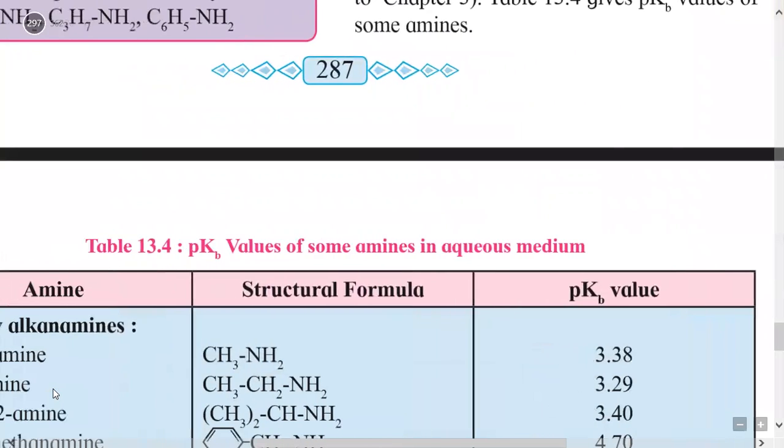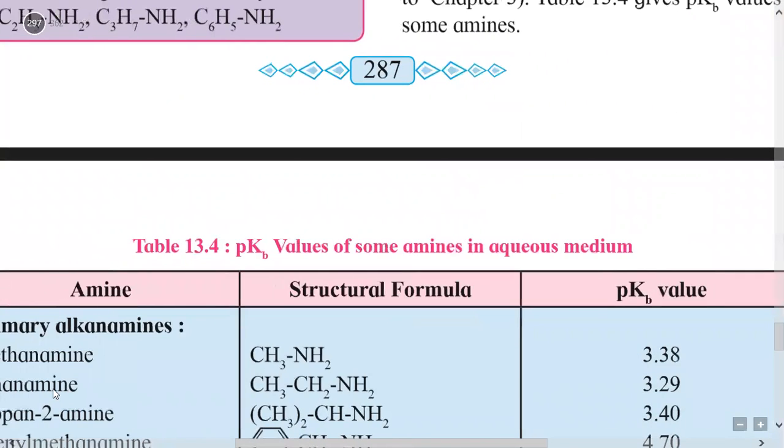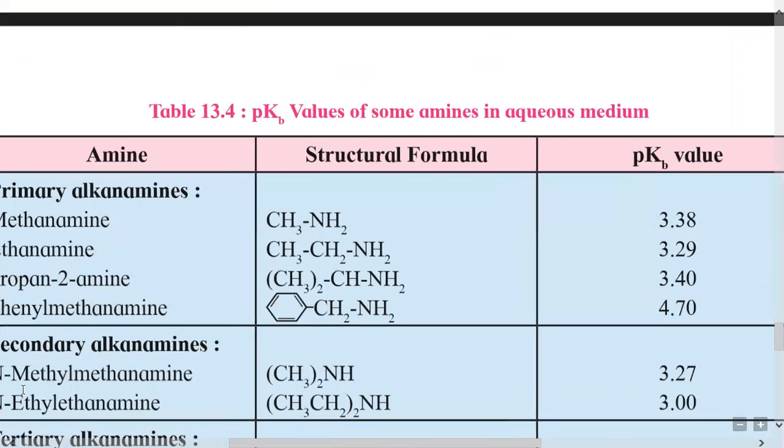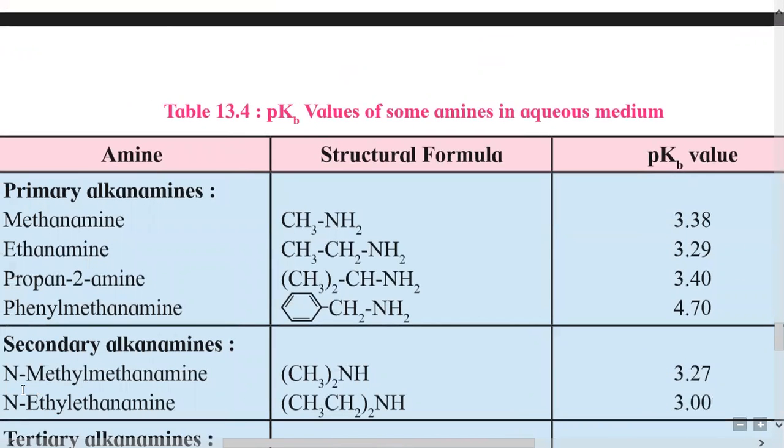Here in this table, the values of pKb are given. We know the smaller the pKb value, the stronger the base. First, we will study examples of primary amines.